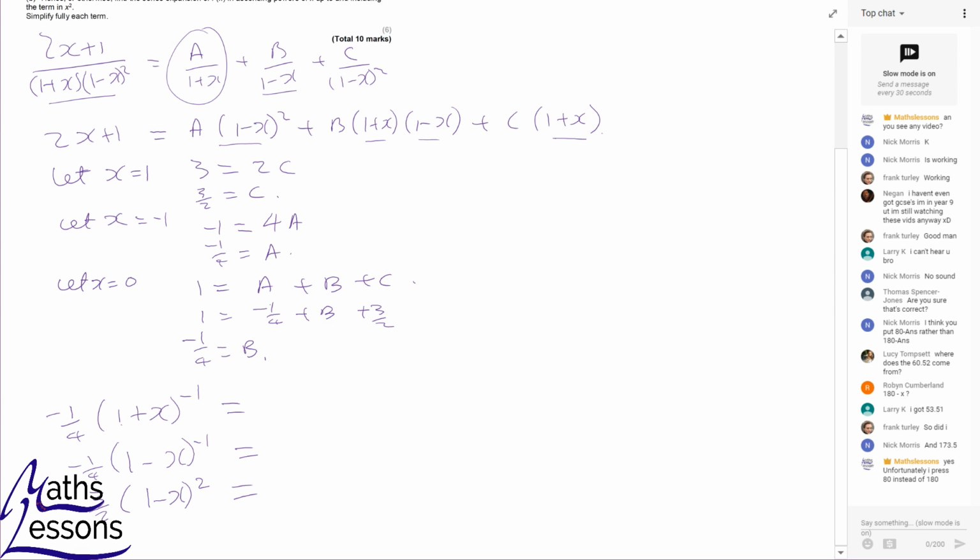Now I'm going to use the formula for expanding, which is 1 plus x to the n is equal to 1 plus nx, plus n open brackets n minus 1 over 2 factorial x squared. And I don't need to go any further because it only said up to x squared. So I'm going to expand up to x squared.